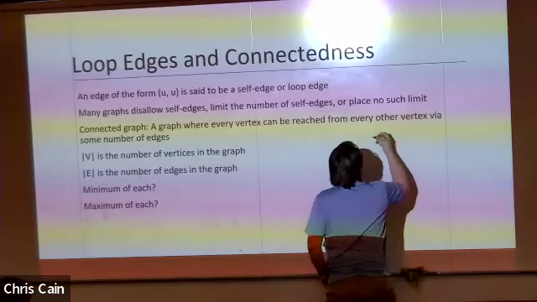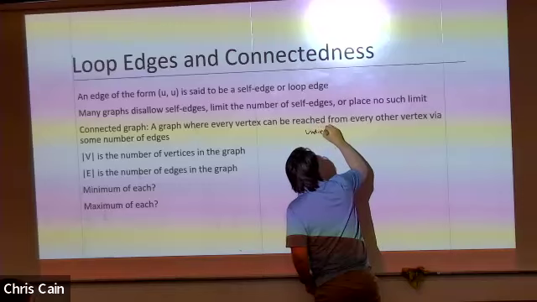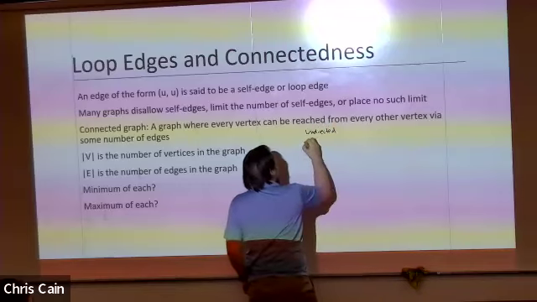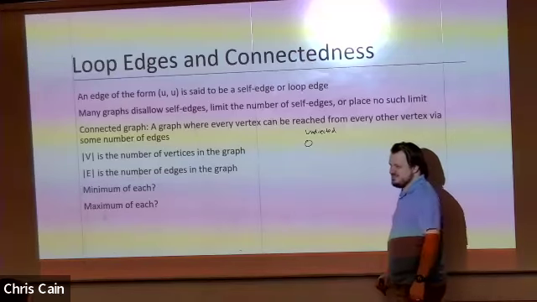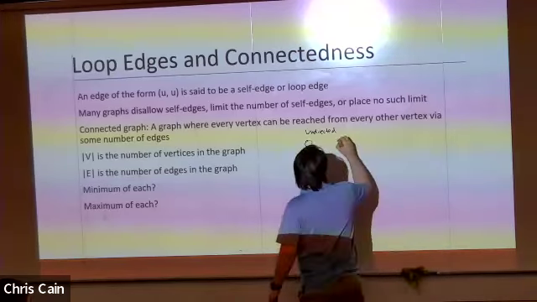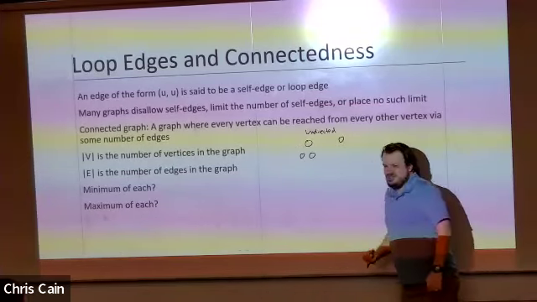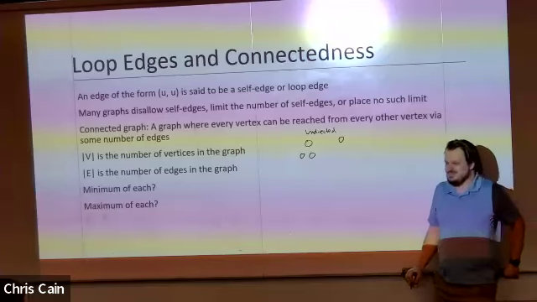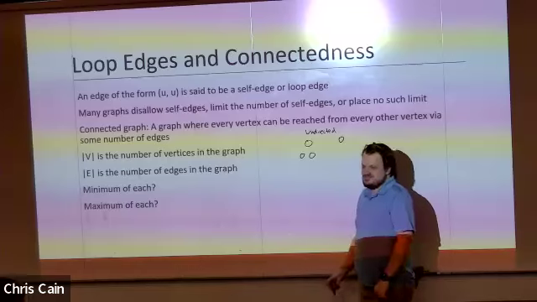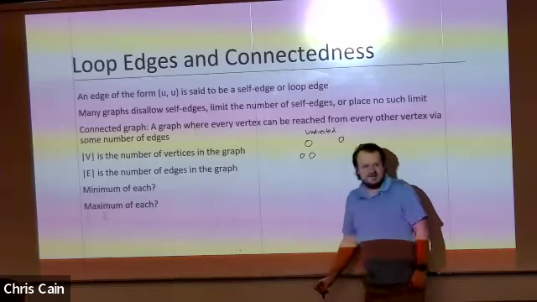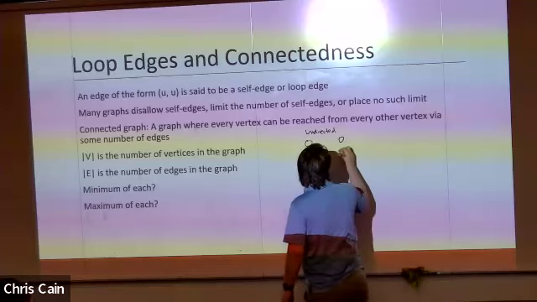I have for undirected, if I have one vertex, what is the maximum number of edges? 0. If I have 2, how many? Maximum number of edges between two vertices in an undirected graph. 1? Yeah, you connect them.